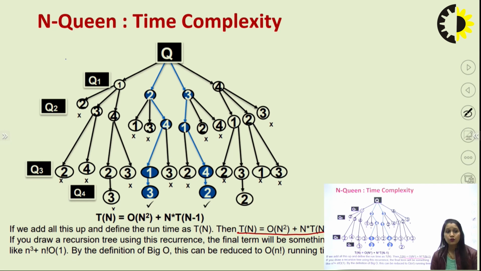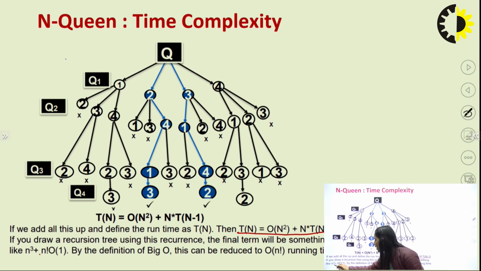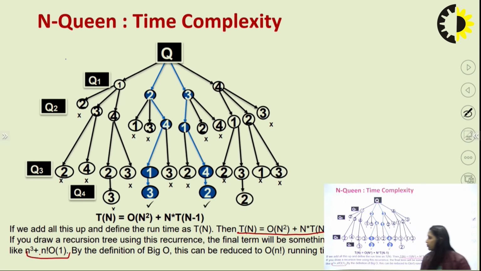If you draw the recursion tree for this recurrence, then finally you will get something like n factorial, which by the definition of big O can be reduced to n factorial. It is exponential, so it comes into the NP hard problems, right?